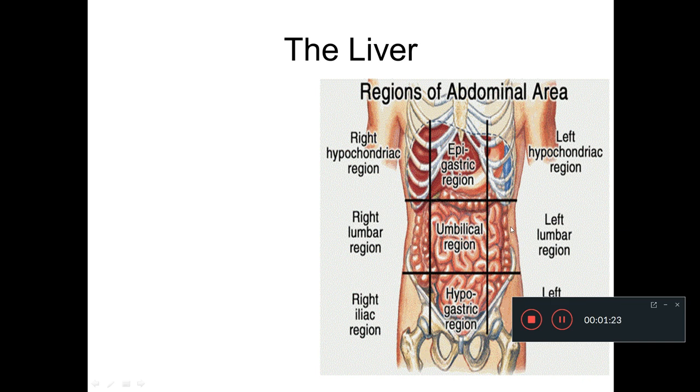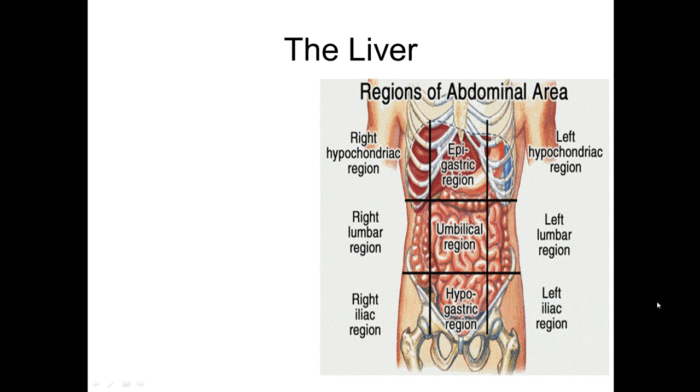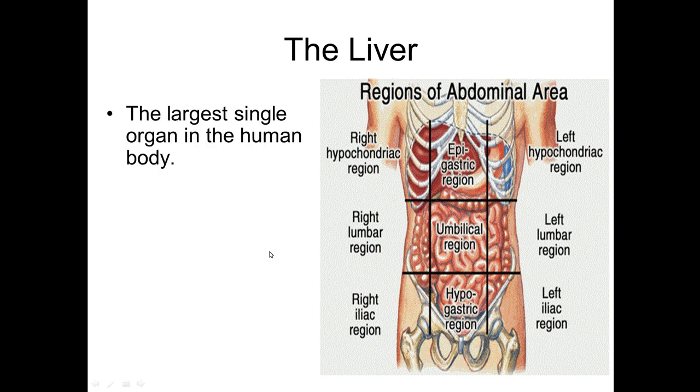Below that is the left lumbar region, umbilical region, right lumbar region. Then you have the left iliac region, hypogastric region and the right iliac region. So these are the regions of the abdomen.